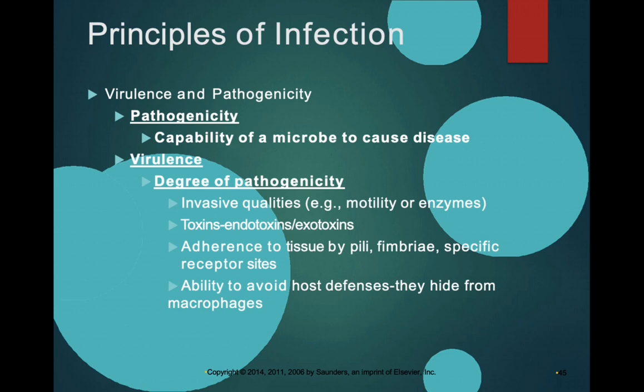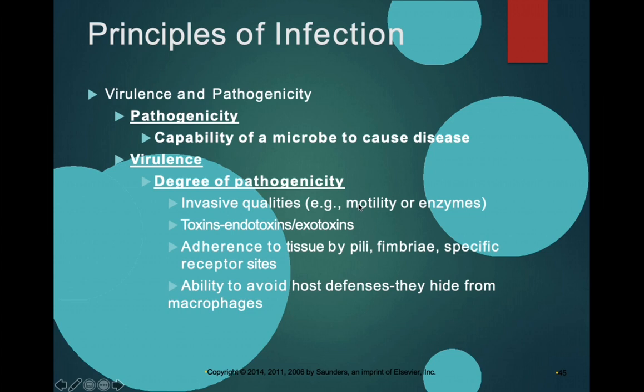Let's look at the difference between pathogenicity and virulence. Pathogenicity is the capability of a microbe to cause disease. Virulence is the degree of pathogenicity, and that depends on a few different things. The invasive qualities, right?